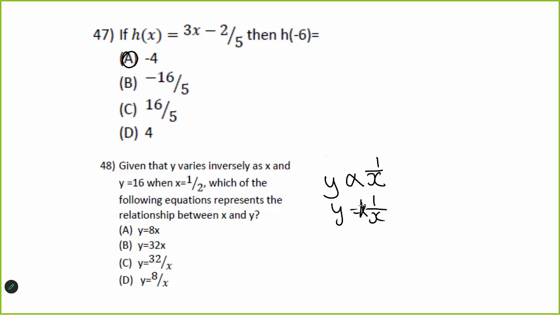That's what that means. The proportional sign turns to equals when you multiply by k. So y is equal to k by 1 over x, which is k over x. And they said y is equal to 16, x is equal to half.